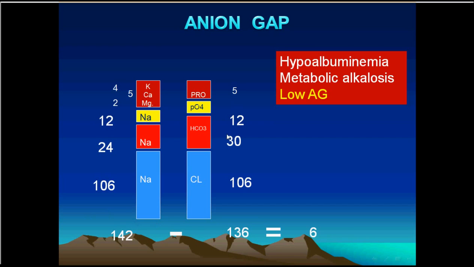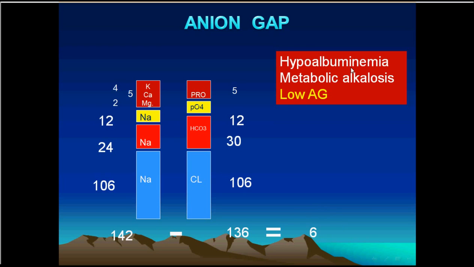Sodium is 142 minus 30 plus 106, which gives you 6. So in cases of hypoalbuminemia, the anion gap will be low, and the low anion gap goes with a high bicarbonate.